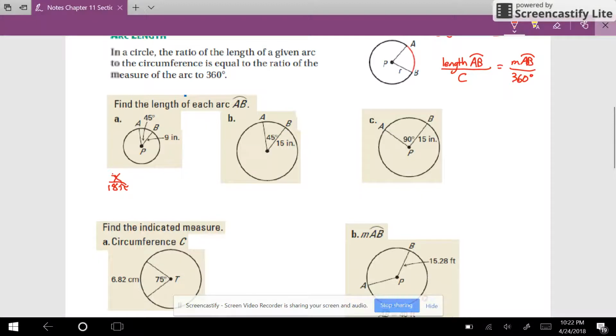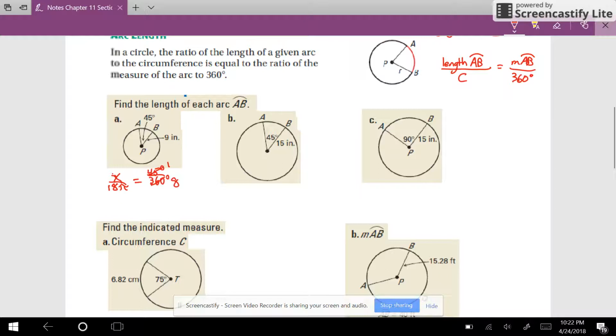I'm not going to give the decimal right now. Equal to the measure of the arc. So I see that the central angle is 45 degrees, so the arc is 45 degrees as well. Over the full circle, over 360. I'm going to simplify 45 over 360. That goes to 1 over 8.